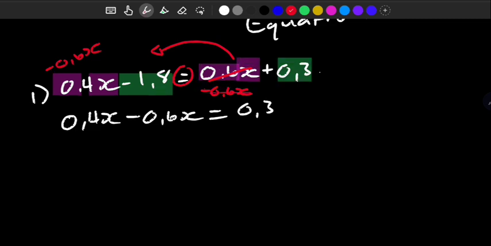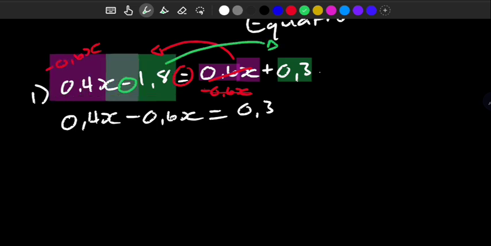We want to bring negative 1.8, right? Remember, it's a negative, always, always, always. And then it jumps the equal sign. Minus 1.8. To cancel that, you'd say plus 1.8.